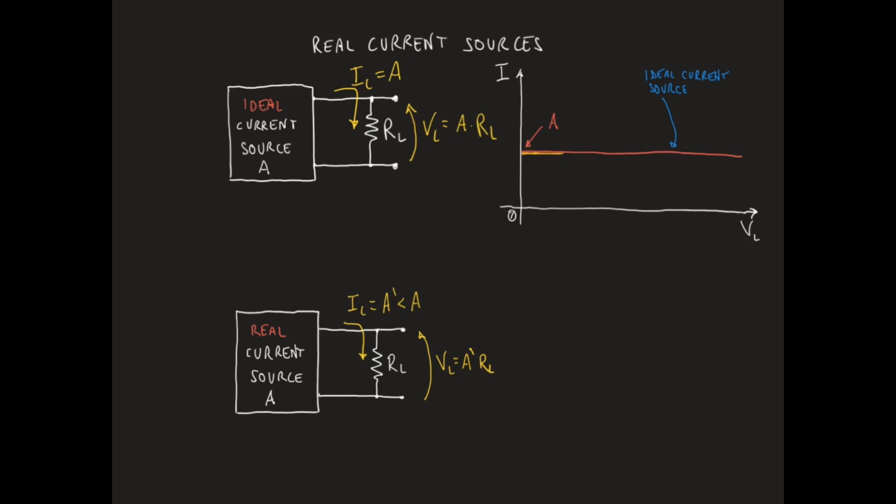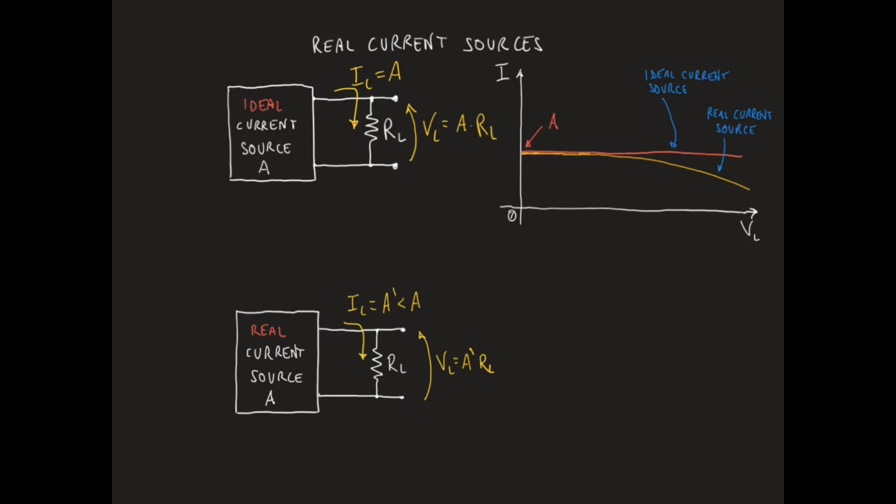Then, as the voltage across the load starts increasing, the current forced into the load by the real current source starts decreasing, going to zero as VL goes to infinity.